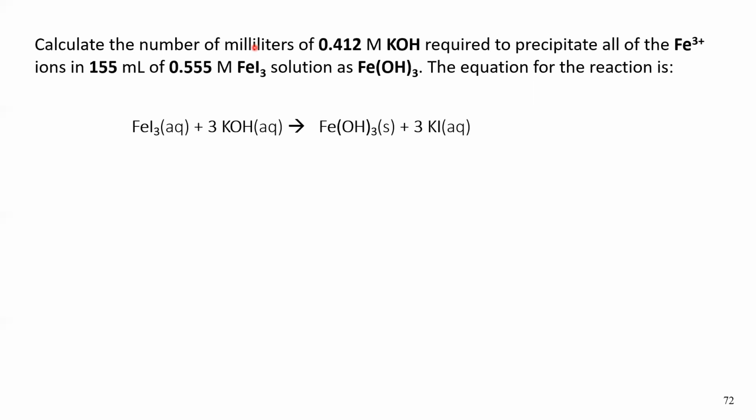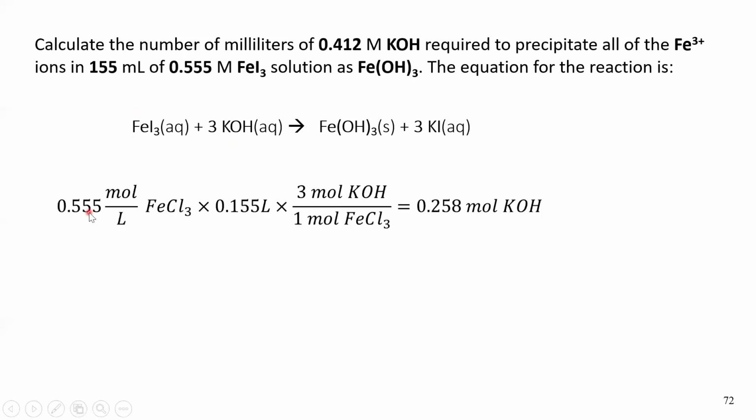Okay, so first figure out your moles of iron iodide. That means you're going to take the molarity times the volume. Once you do that, it's a 1-to-3 ratio to get your moles of potassium hydroxide. And then once you know the potassium hydroxide and you know the molarity, you can figure out the milliliters.